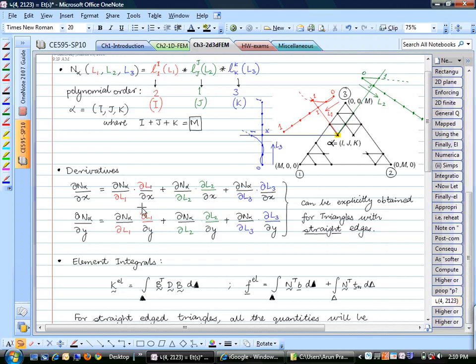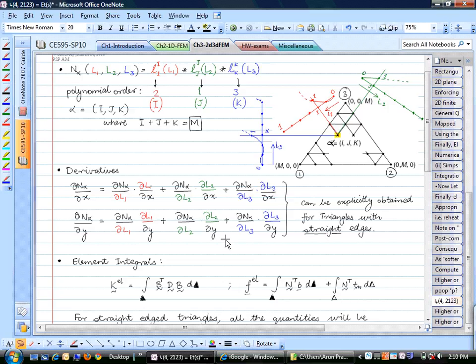What is this? This is b1 over 2 delta. This is something that we just did on the previous page, right? This is a constant, this is a constant, this is a constant. So all that you need to do is calculate the explicit expression for this shape function and just calculate this out. So this is something that you can explicitly code up in MATLAB.